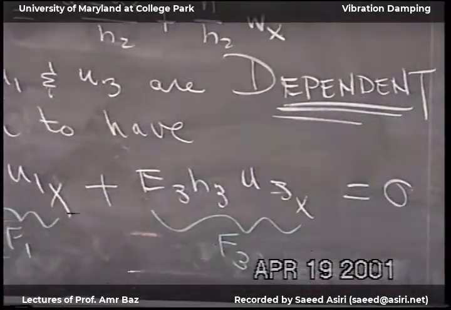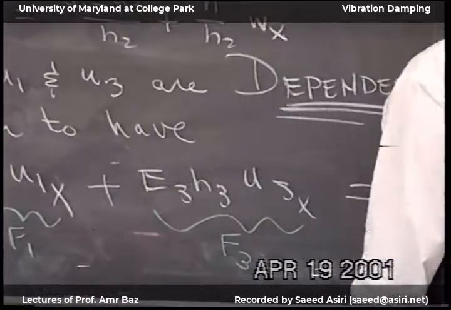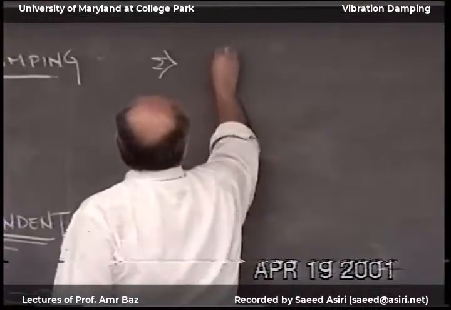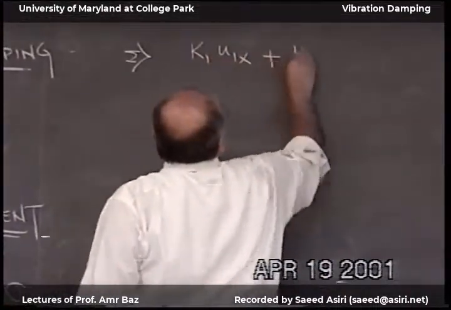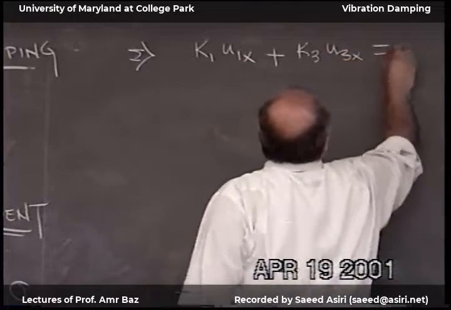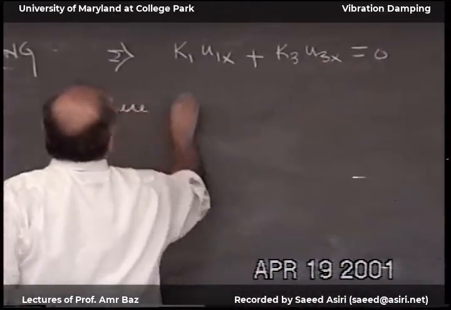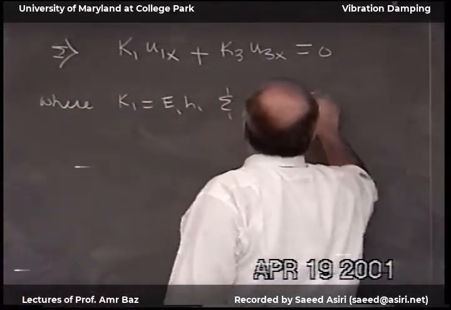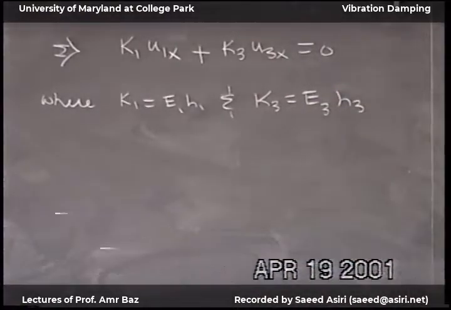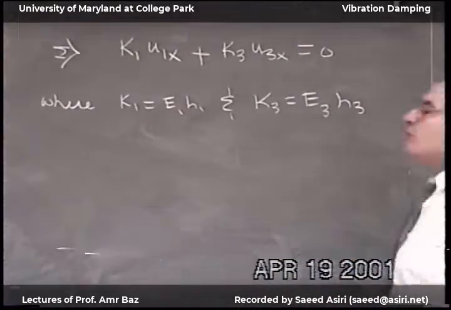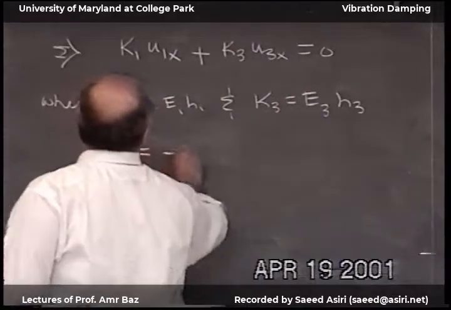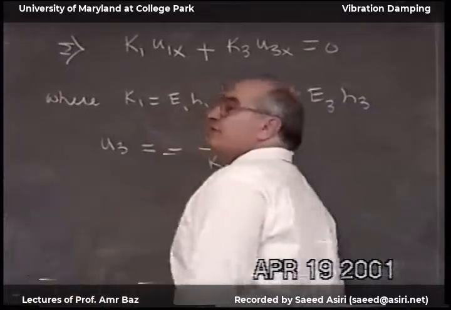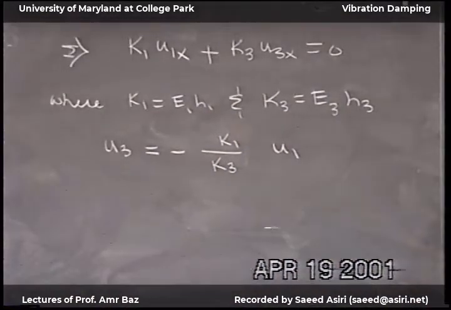Then from here I can write down this equation. We reduce it to K1 U1x plus K3 U3x is equal to 0, where K3 includes H3. So from here I can get the equation that U3 is equal to minus U1 K1 over K3. And then the rest is straightforward.